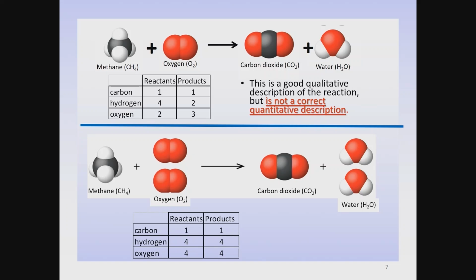So how do we balance the equation? We just added additional molecules as necessary so that we got atom balance for each of the elements. When you add additional molecules for a particular compound, then you're changing the number of molecules involved in the reaction, and therefore you would change the coefficient in front of the formula.